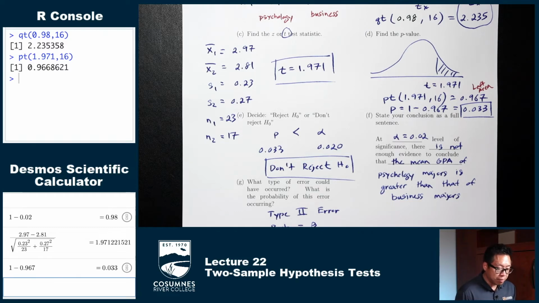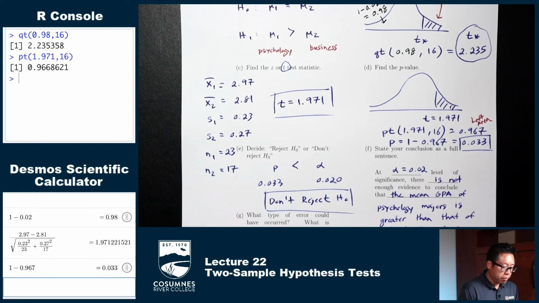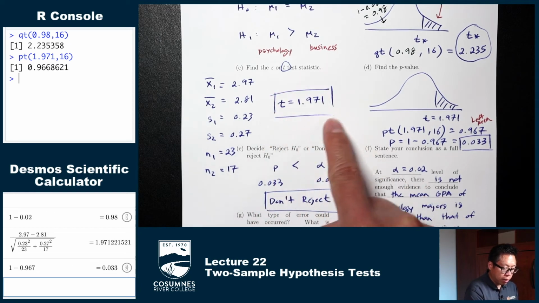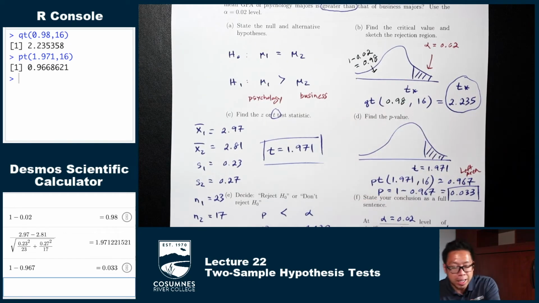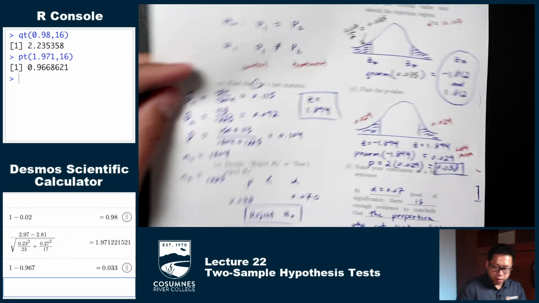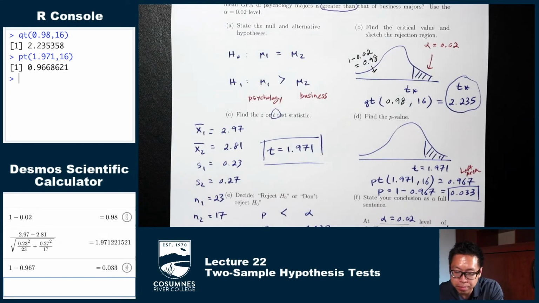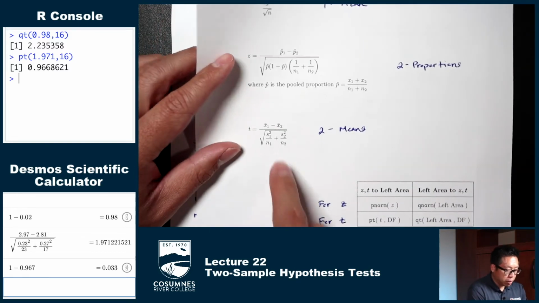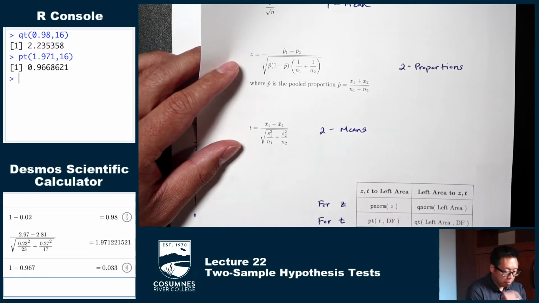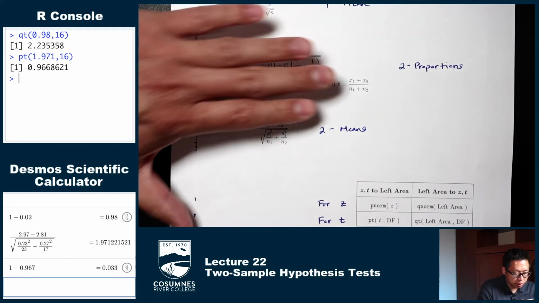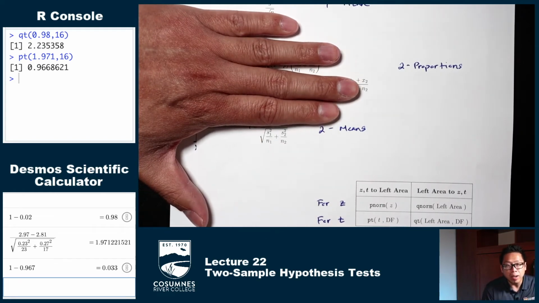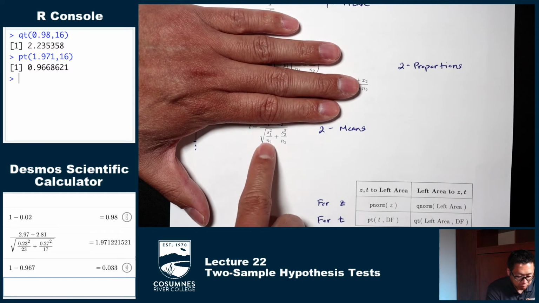So one way to reduce the probability of that happening is to increase the sample size. Mathematically, why does that work? Right now, our test statistic was in the unshaded part. If I increase the sample size, let me go back to the formulas. The sample sizes are n1, n2 here. Just focus on the bottom. If I increase the sample size, that would be increasing the denominators.